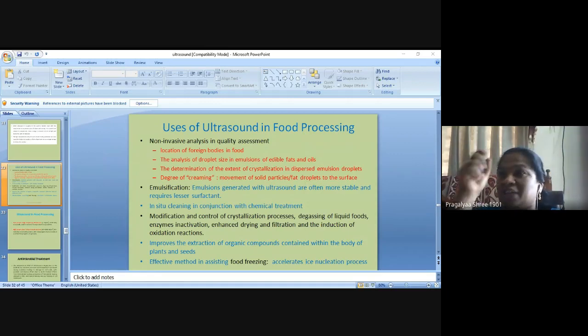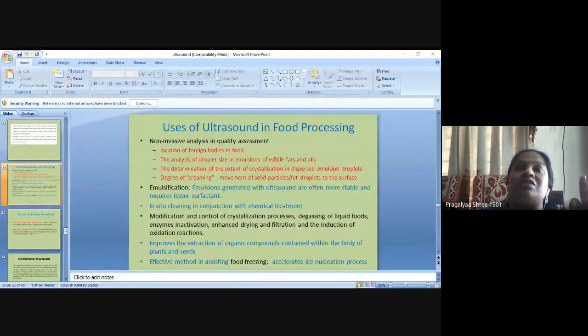That is fracture takes place. Fracture or tearing of the bubble takes place. All together it creates a very high temperature in this case. The temperature around 5000 to 5500 degrees Celsius is also created during this process, and this temperature rise, we are calling localized heating. This localized heating induces the thermal inactivation of the microorganism.